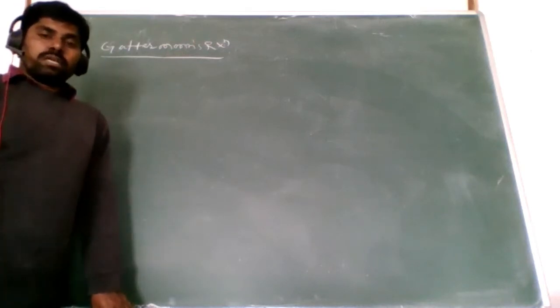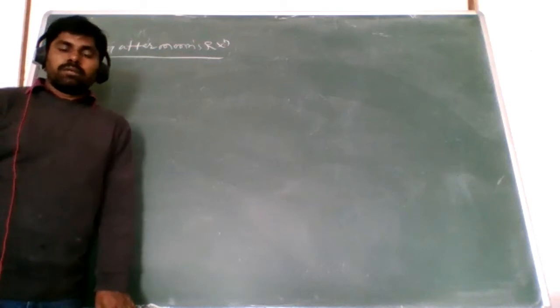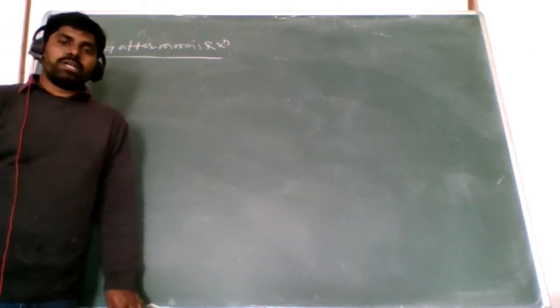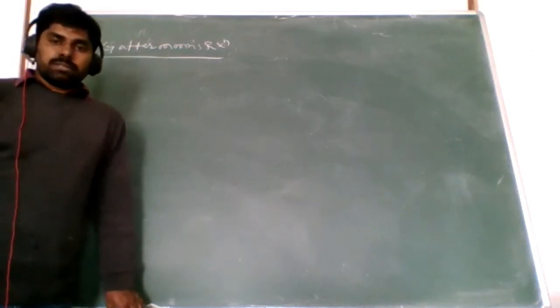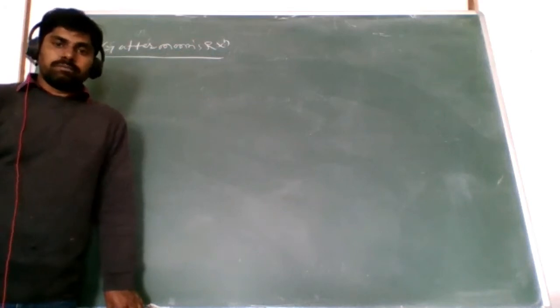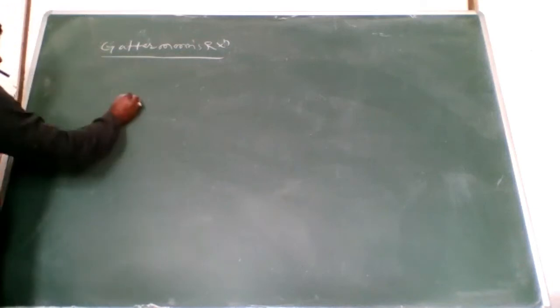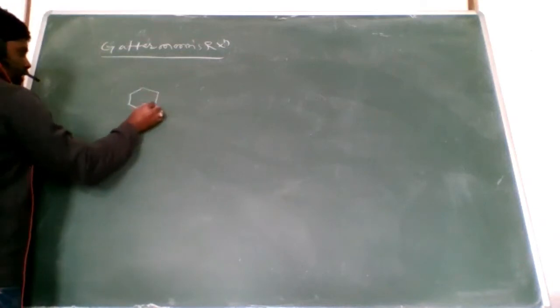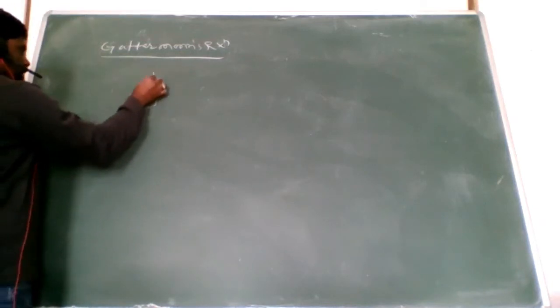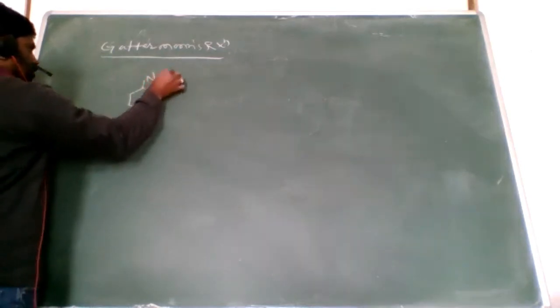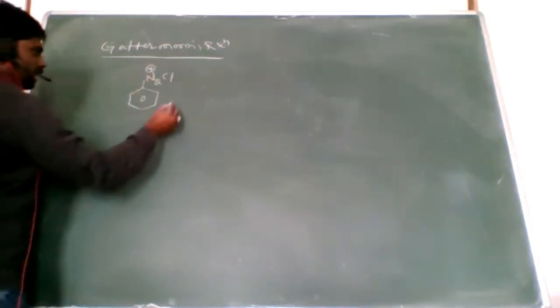When the diazonium salts, in the presence of copper powder, react with the corresponding halo acid, haloarenes are formed. Look here. This is a diazonium salt, and I am taking it as diazonium chloride.